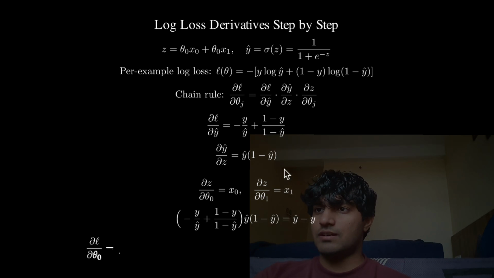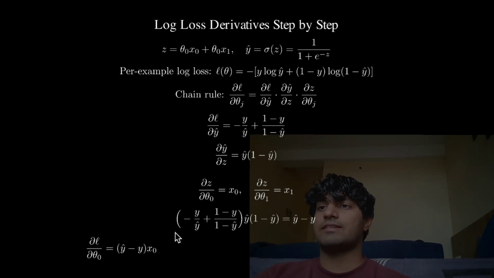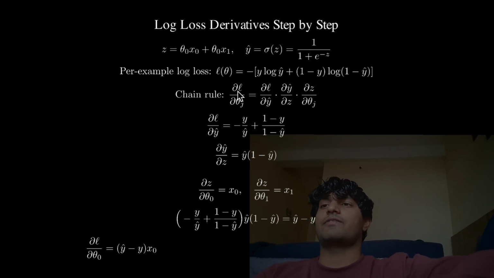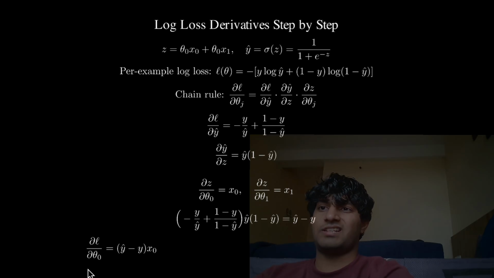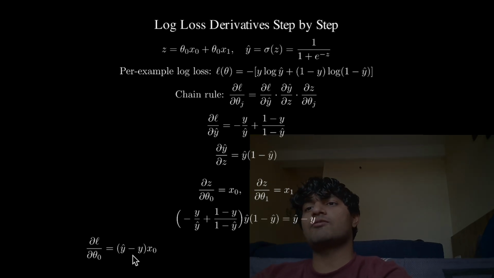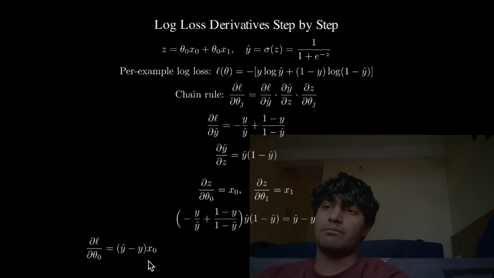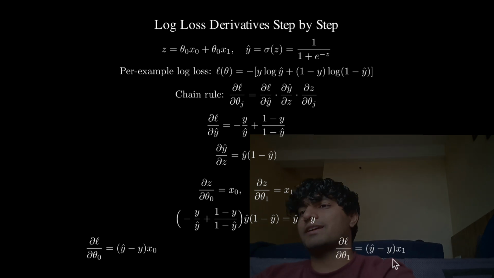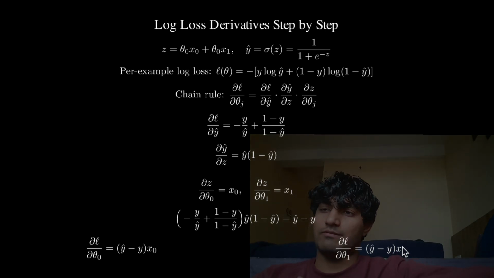If I combine all of these results, multiplying them together, I get prediction minus actual label, y hat minus y. This is what we initially wanted: the derivative of the loss function with respect to theta 0 is prediction minus actual label multiplied by the x0 feature. In the same way, for theta 1, it is prediction minus actual label multiplied by x1.